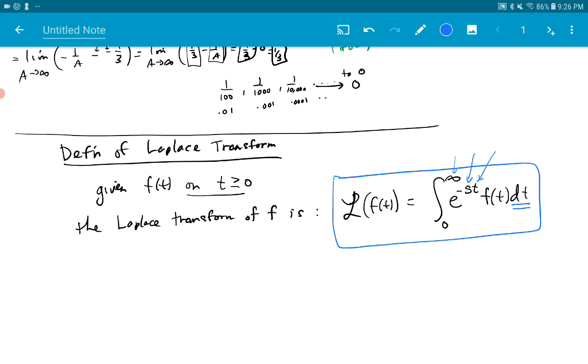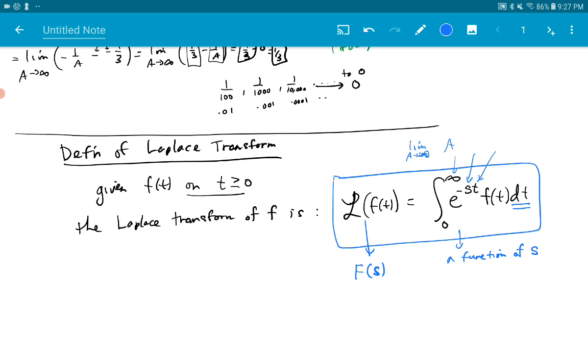Now, one of them is infinity, so you'd have to do that trick where you'd call that a and then take the limit as a goes to infinity. But the point is, all the t's would be gone when you're done with that process. So the result is a function that has s in it.